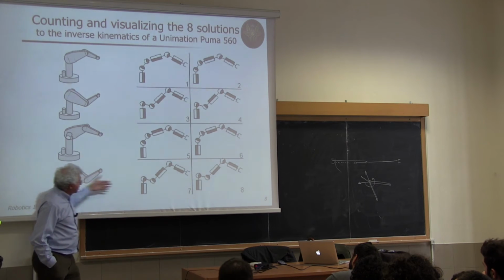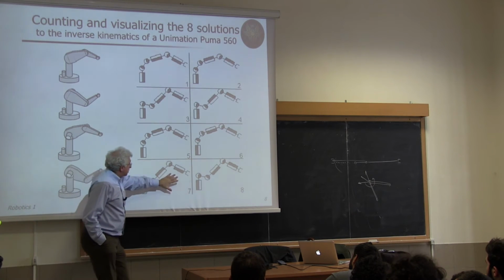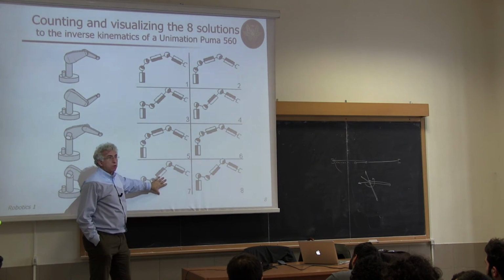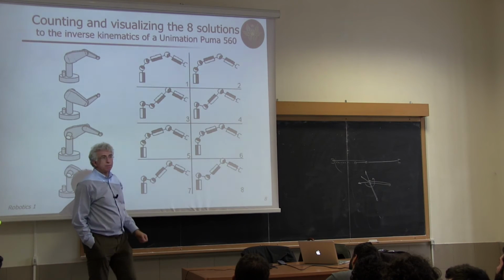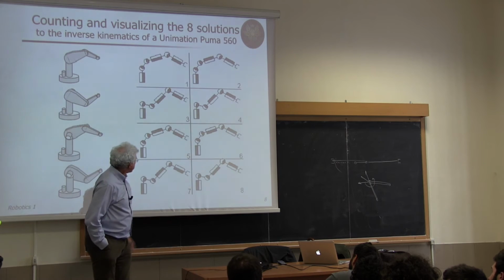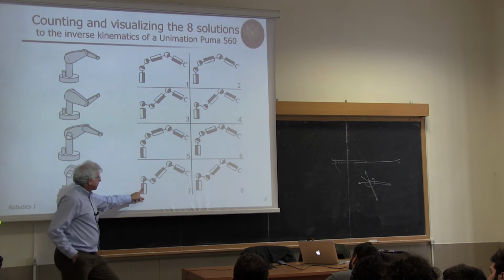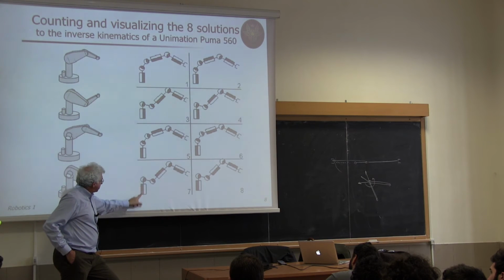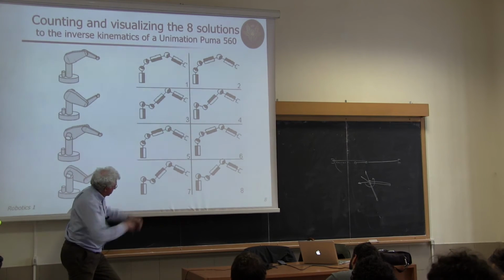Now, for each of these, I hope I made the association well, there are 2 possible solutions for the last 3 joints. And now look at how this coding, black or white, is made. For instance, look at this one, or maybe this one. This is the first joint, and this is the back of the first joint, of the first link, if you want. Second joint, third joint, so this is elbow down.